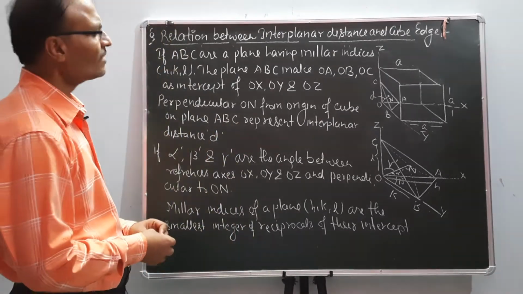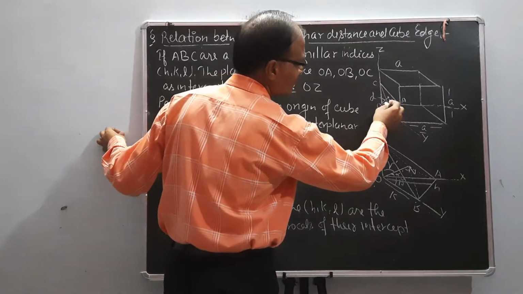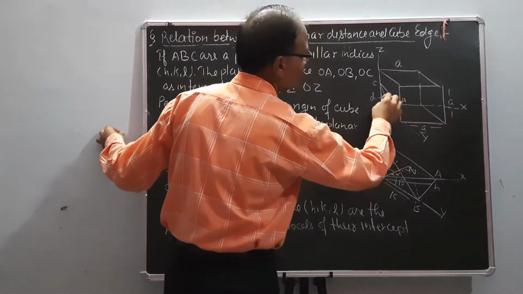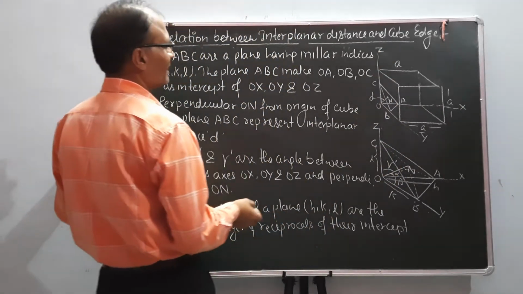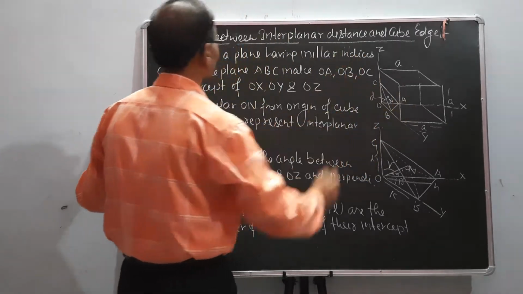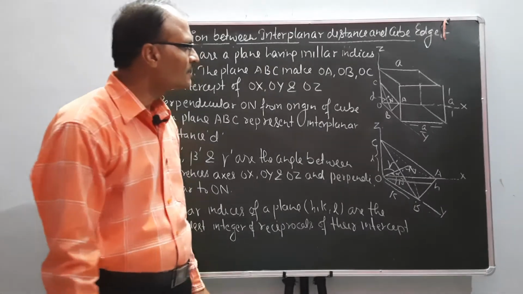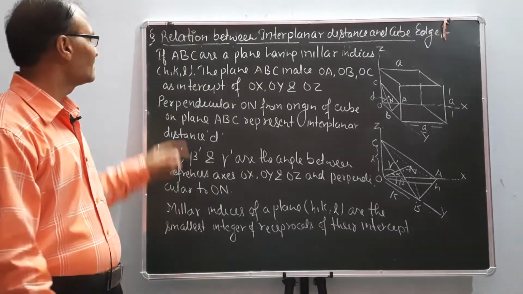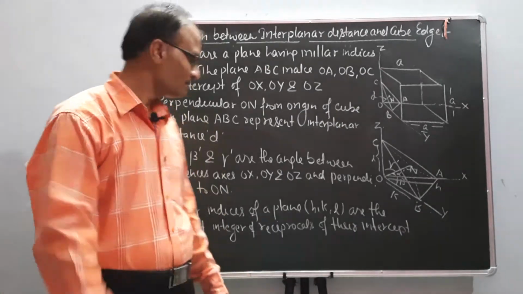Now, this is a cube which has Cartesian axes x, y and z, and the three axis points A, B and C. So, if ABC is a plane having Miller indices HKL, what are Miller indices?